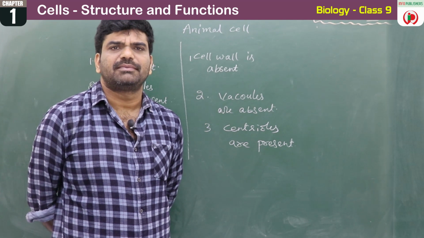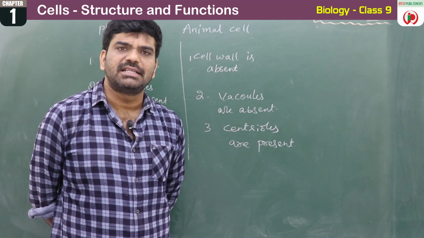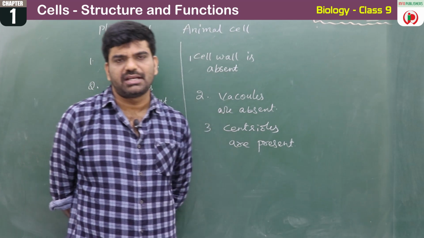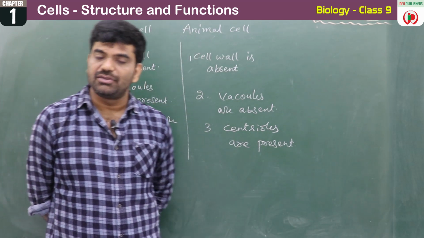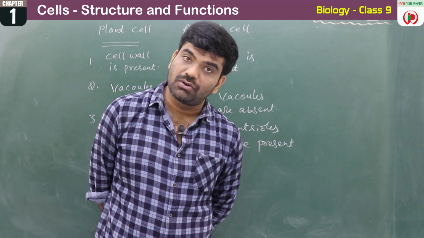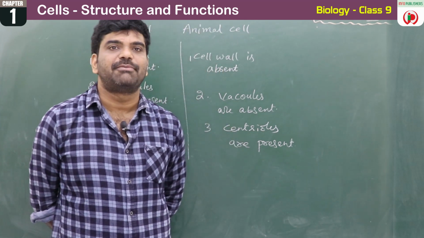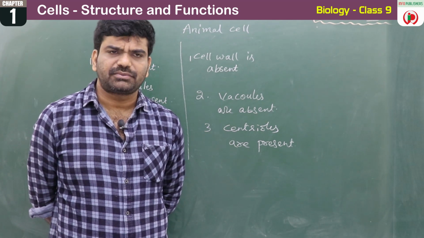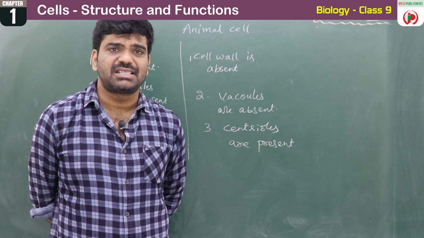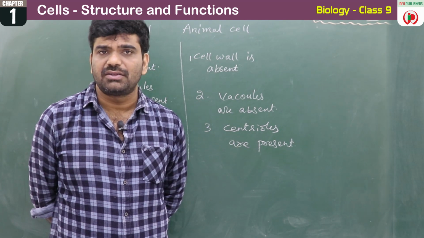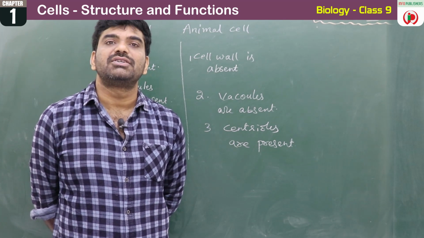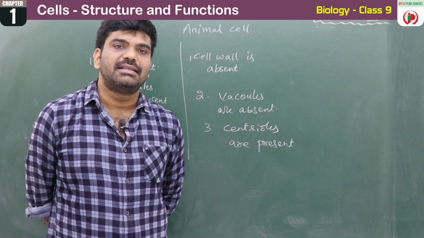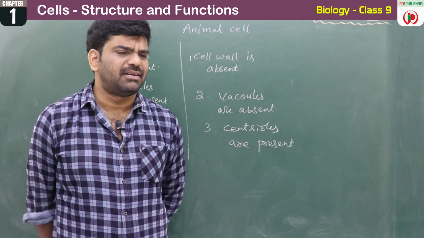So this cell membrane helps to maintain that balance. Any substance that enters into the cell or goes out from the cell will be decided by the plasma membrane, and this plasma membrane allows only certain substances to pass through, not all. So selectively it is allowing the substances to pass through. That is why this is called as selectively permeable membrane.